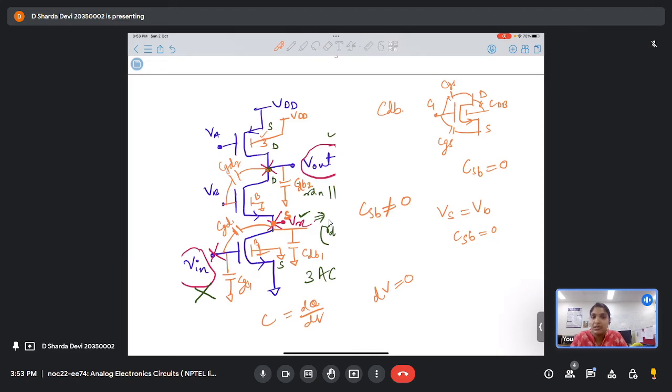But where does that difference come into the picture? In these intermediate transistors, because there the source node will have a different potential. Rather than VDD and ground, it will be a floating node and it will have a potential in between VDD and ground. It is never fully VDD, never fully ground.